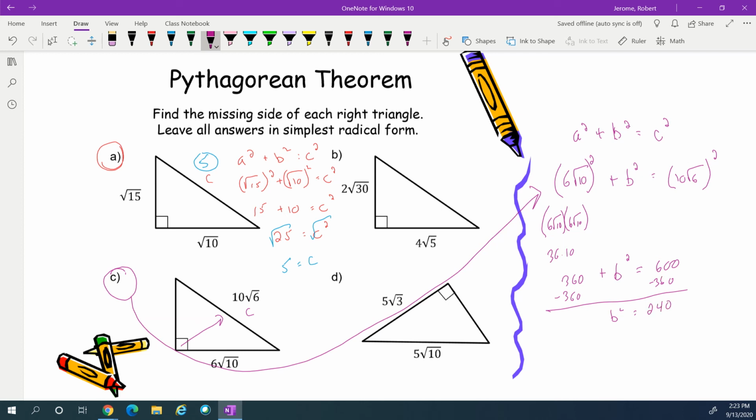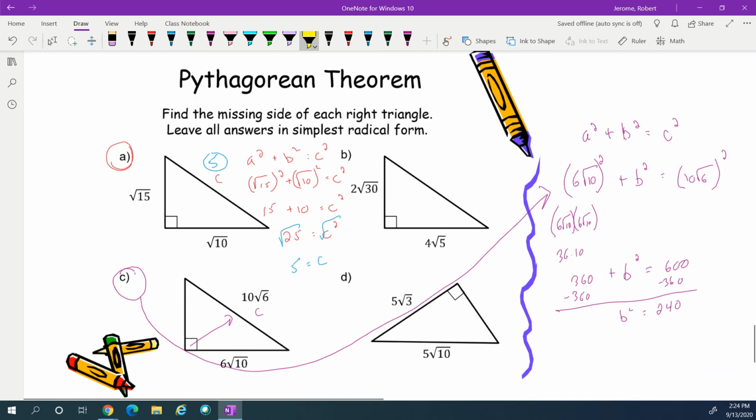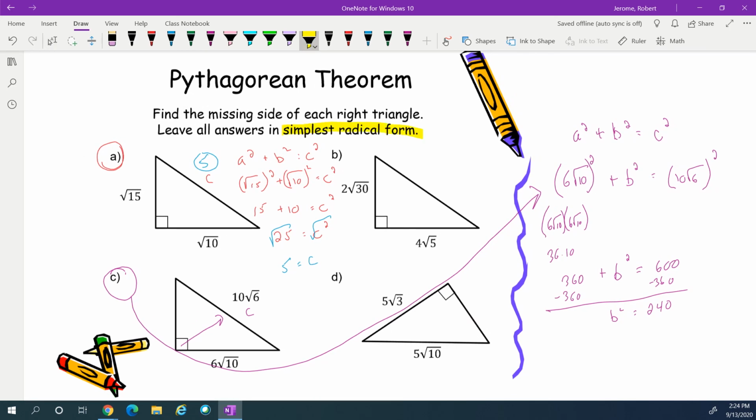Now, we can put that in the calculator, but it's not a perfect square. Since our directions say stay in radical form, and we are given radicals in the problem, we cannot punch that into a calculator and get a decimal. We have to simplify this radical. So we're going to take the square root of both sides. B equals square root of 240.